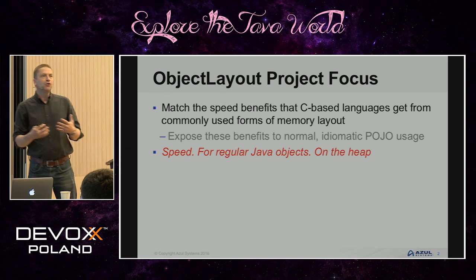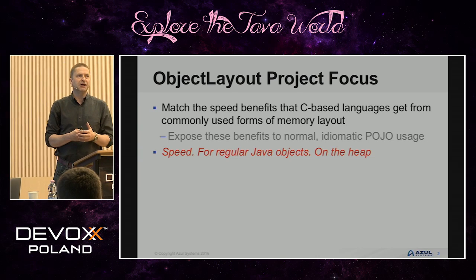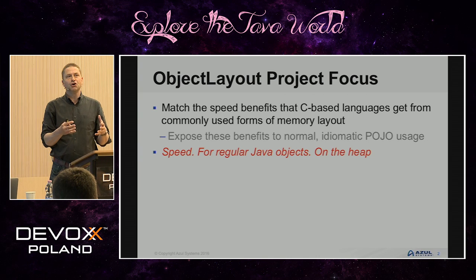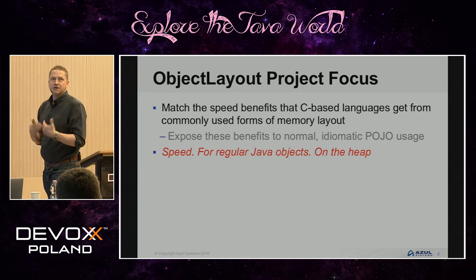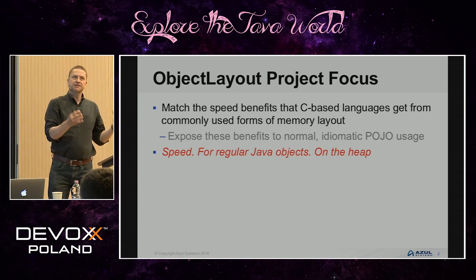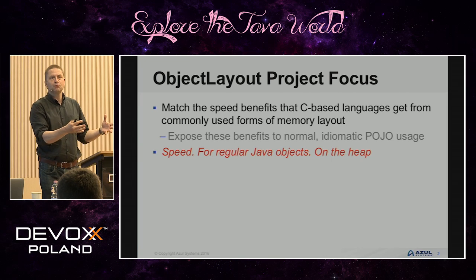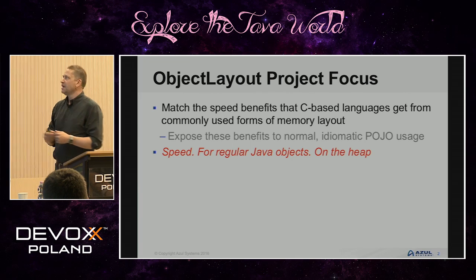And really, it's about looking at how other languages, like C and C++, take advantage of the way that memory layout can be used in order to get better performance in certain situations. And really what we wanted to do was to take this idea of how structs work in C and C++ and apply it to Java.